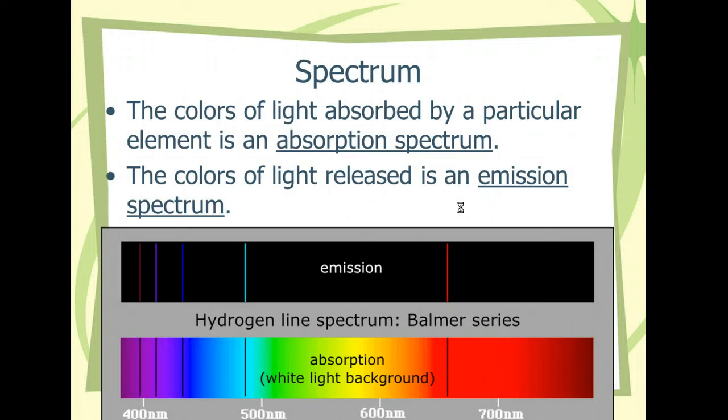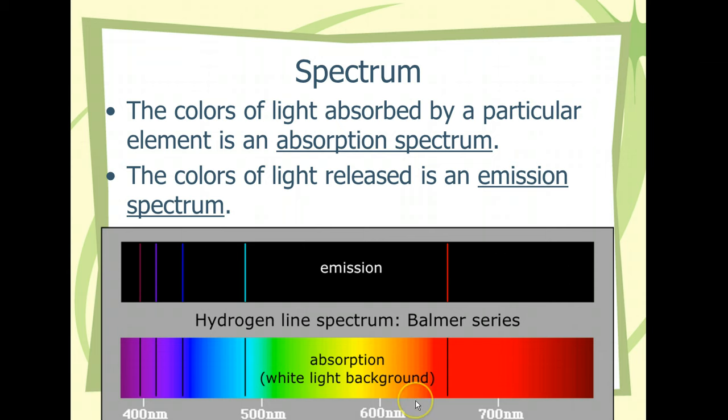So this is what we would see. We may not see an individual photon, but we can see colors of light that are absorbed by elements or emitted from elements. The colors of light that we see absorbed here, this is an absorption spectrum, you'll see as dark bands.